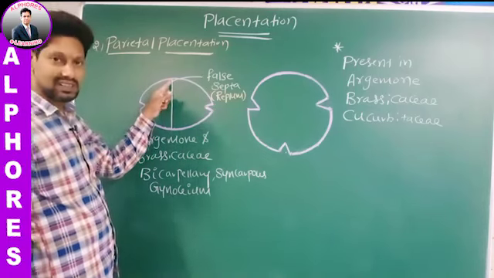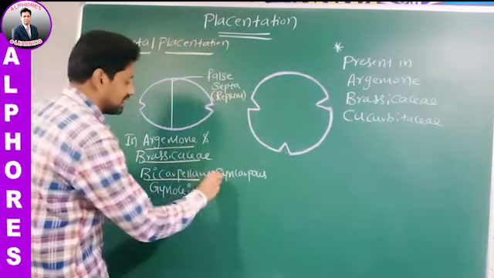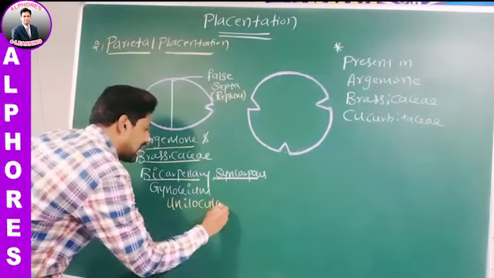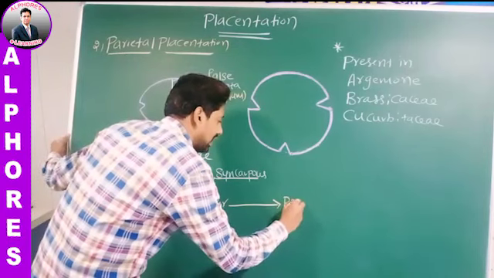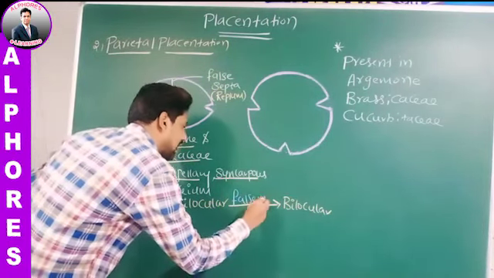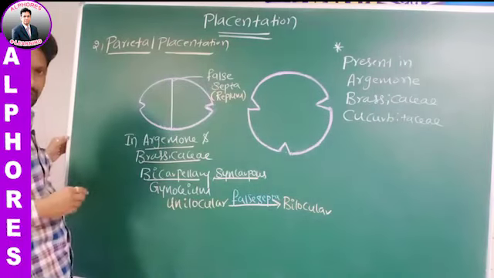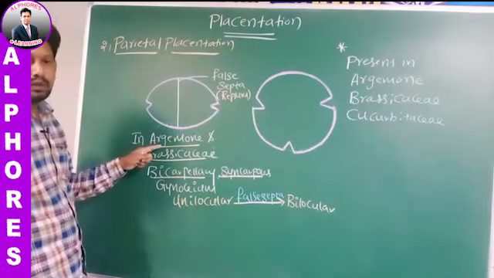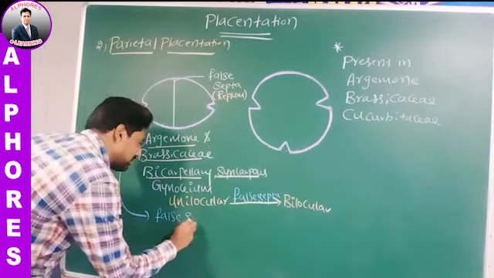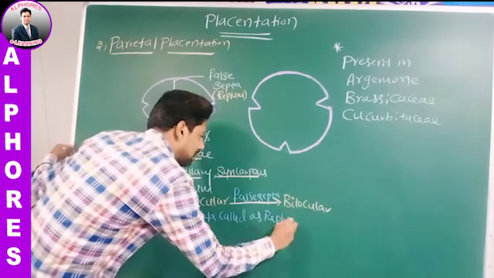In argemone and Brassicaceae, the gynoecium is bicarpellary syncarpous. This false septa is called replum.